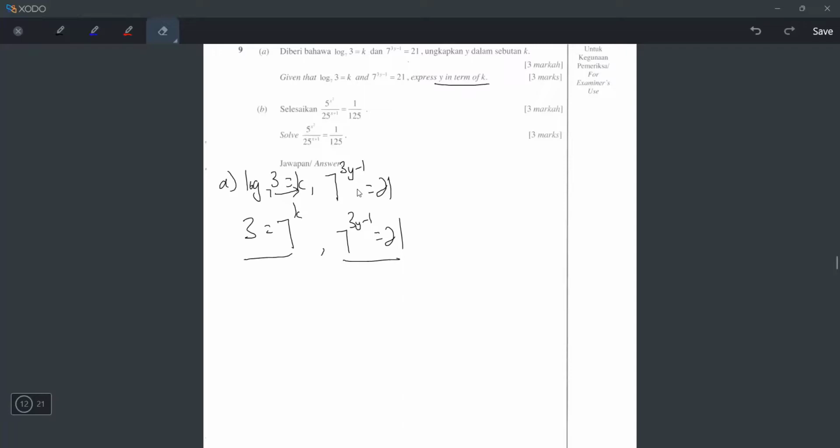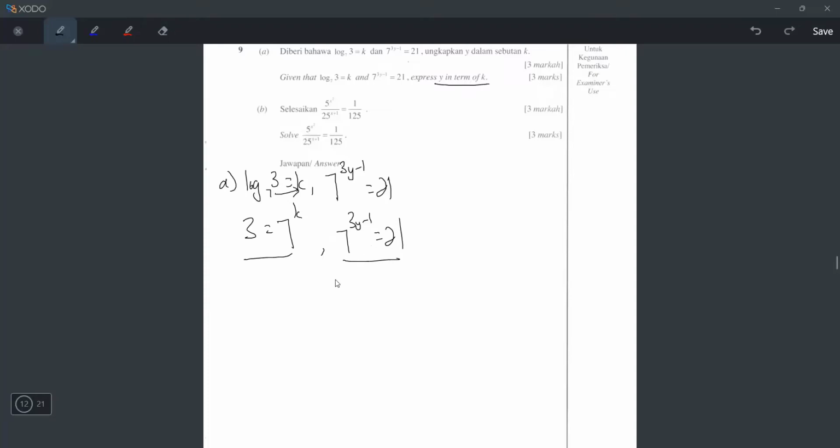Let me think. Log 21 base 7. All right, so what you can do is combine these two, because this is base 7 power k is 3, and then 7 power 3y minus 1 equals 21.